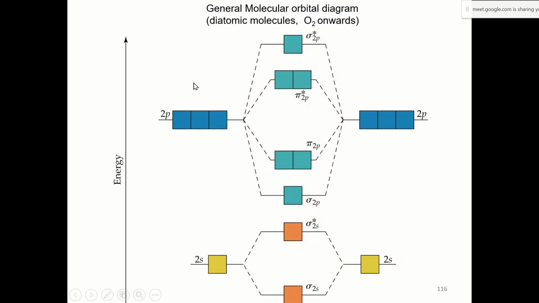So, in the scheme of new things, this is what we understood: if you are going to make a diatomic molecule of any of the elements in the periodic table, this is the diagram that fits all of them, from oxygen onwards.